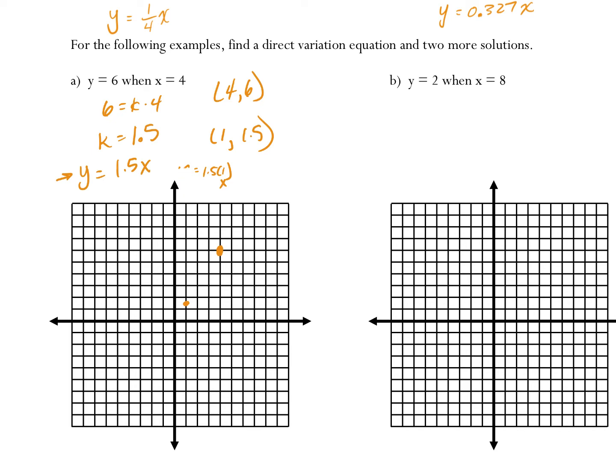What's another solution? A different number. If we plug a different number in for x, what do we get? 2. And if we do, what value for y corresponds with x equaling 2? 3.